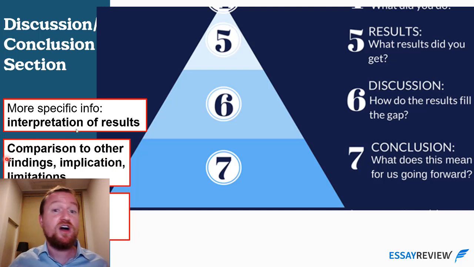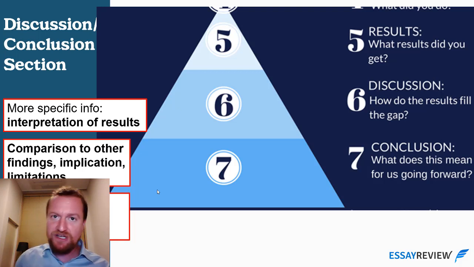You compare them to other findings and discuss the implications, a little bit broader in scope. And then even broader, you can discuss further research that might be needed to elaborate on your findings or to make your study better. And then the conclusion, which is a brief selling of your study, or it can be a summary of what you did.